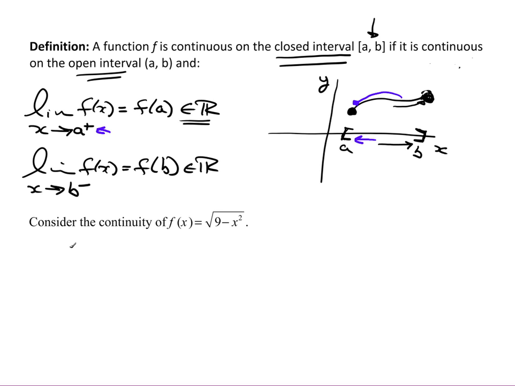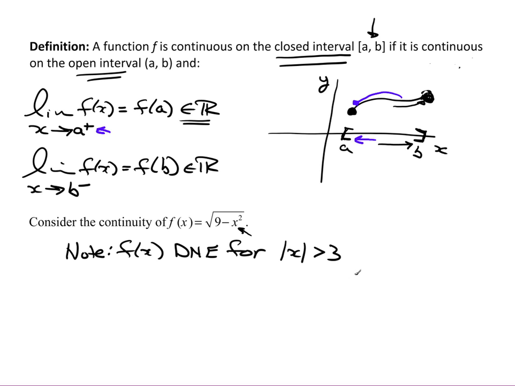Note, I'm going to say f of x does not exist for absolute value of x greater than 3. So if absolute value of x is greater than 3, x squared is going to be bigger than 9. 9 minus something bigger will be a negative number, and the whole thing becomes undefined.